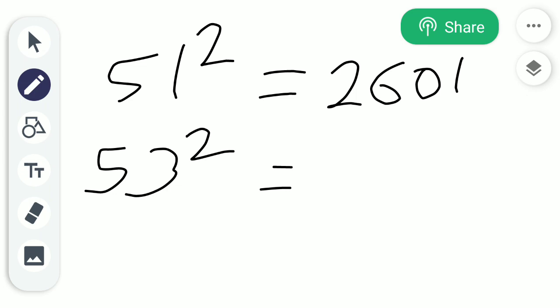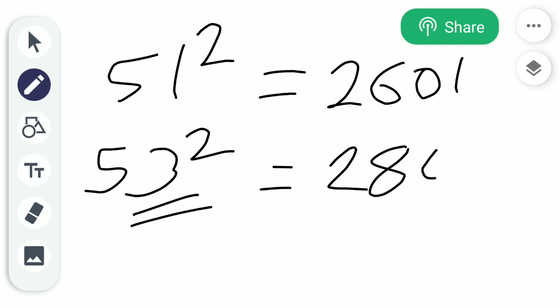Another example, 53 square. 53 is 3 more than 50, so we add 3 to 25. 25 plus 3 is 28, and the square of 3 is 09. So it is 2809.